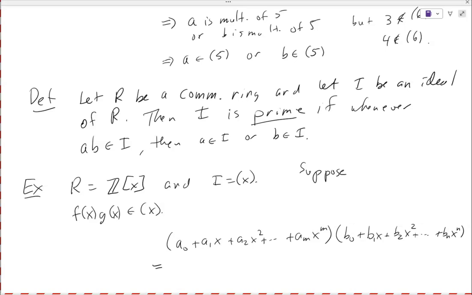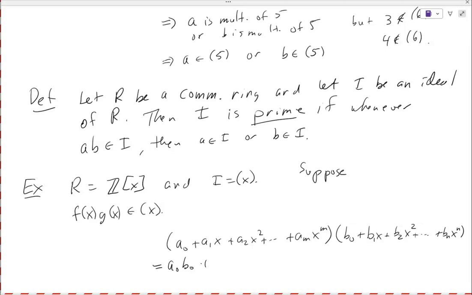What's the constant term in that product? A naught, B naught, and then everything else in that entire product has to have at least 1x in it, doesn't it? We agree? Everything else has to have at least 1x in it.